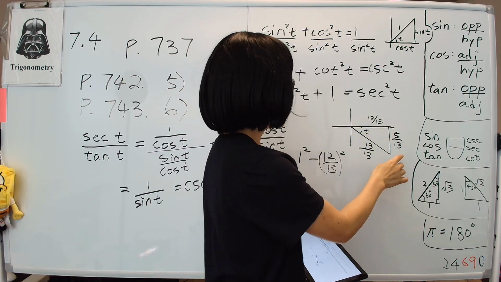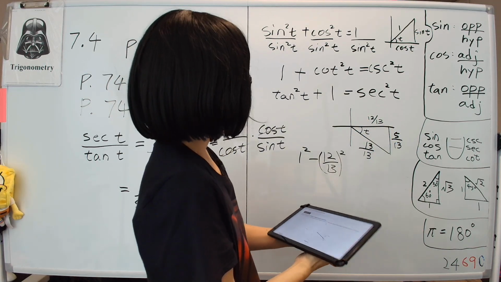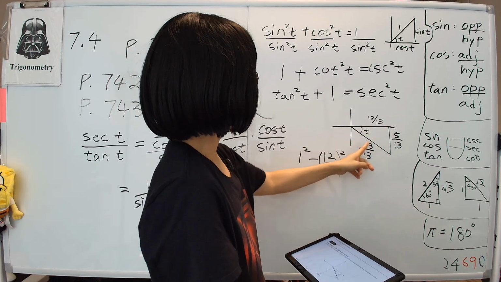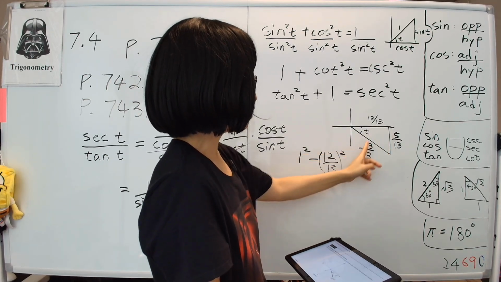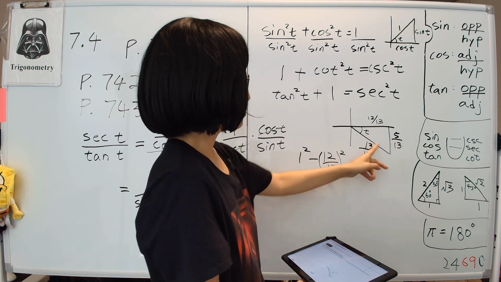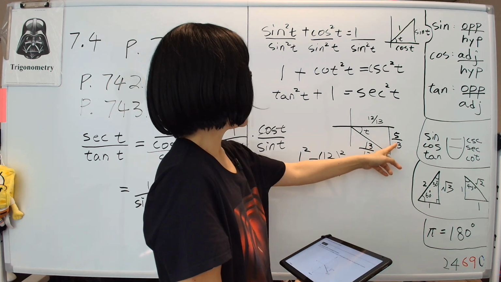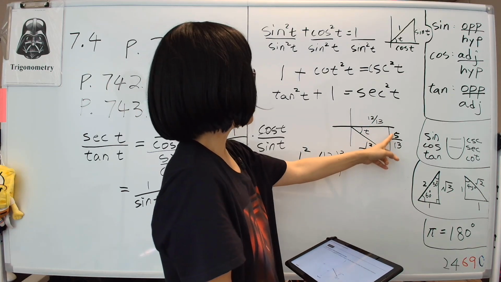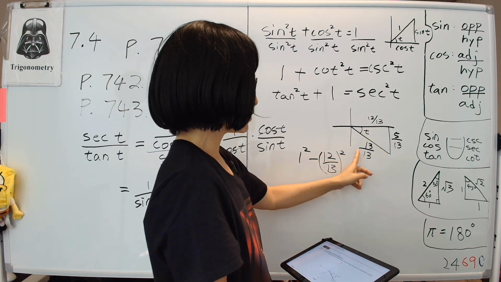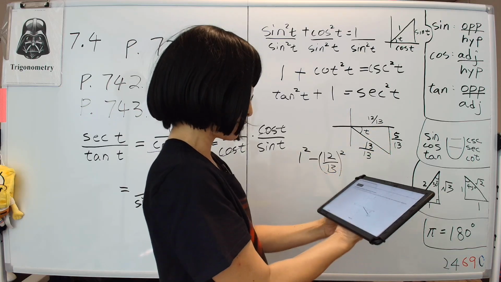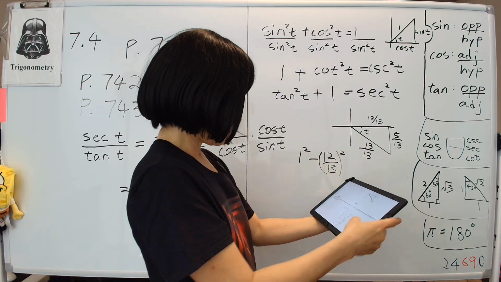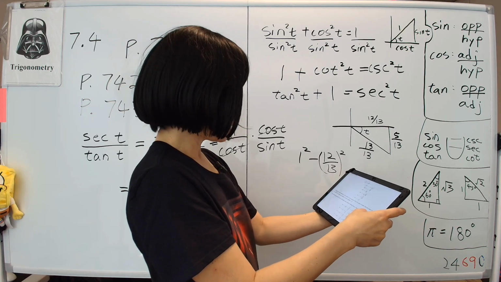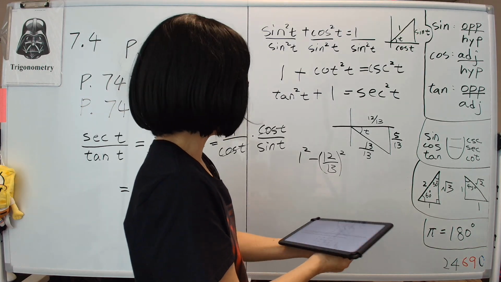Sine of t is opposite divided by hypotenuse, 5 over 13. Because all three have the same denominator, it cancels out. So sine of t is negative 5 over 13 because the y value is negative. Yep, the sine value is minus 5 over 13.